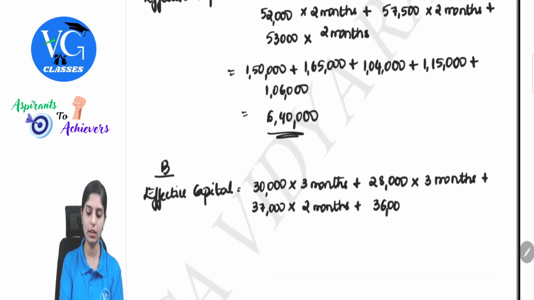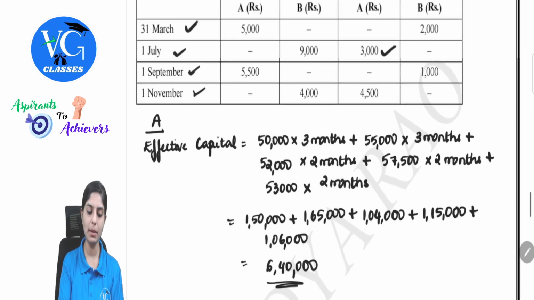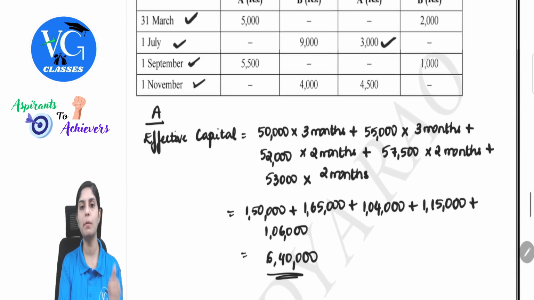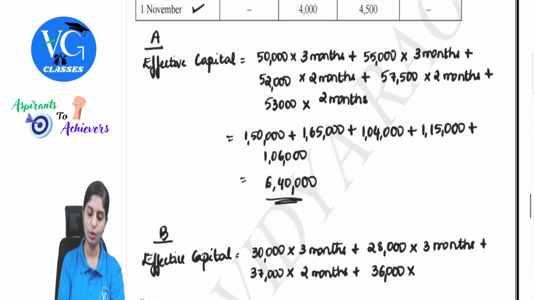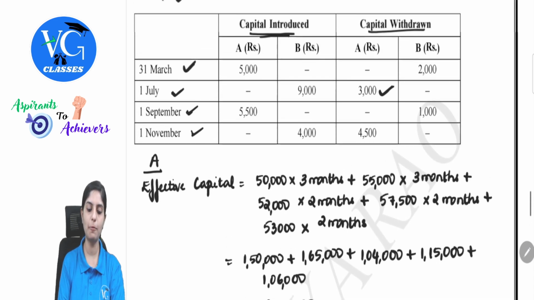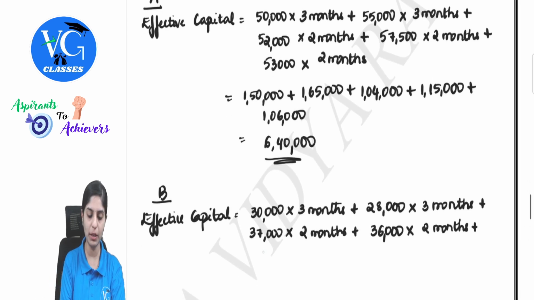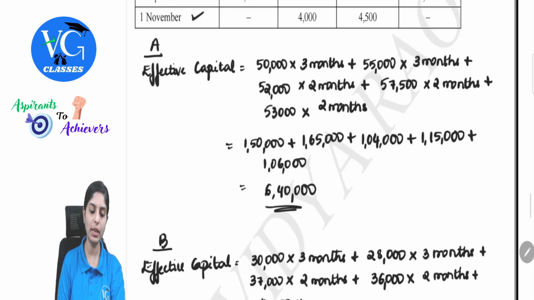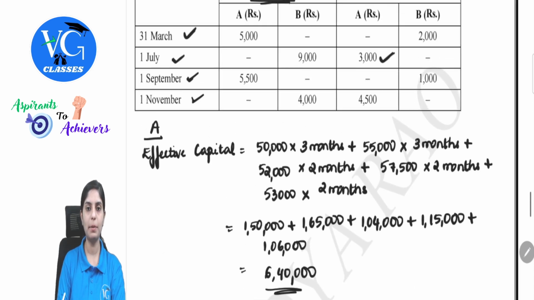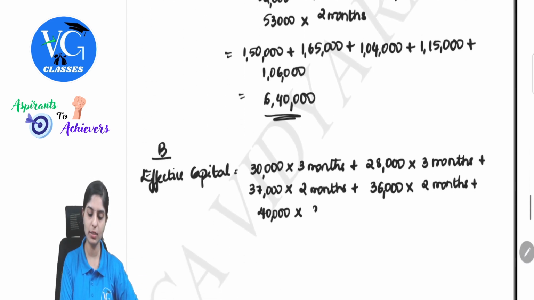So 36,000 into how many months? From 1st September to November, September, October, 2 months plus. Last installment, what is happening for B? There is capital introduced. Last balance was 36. So it plus 4,000 means 40,000 into how many months? 1st November. So November and December, 2 months.